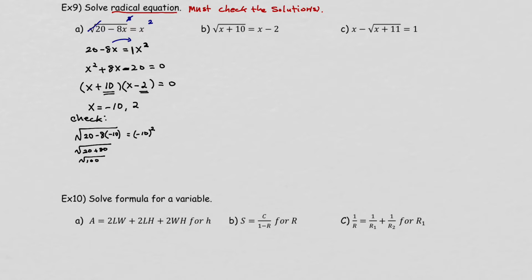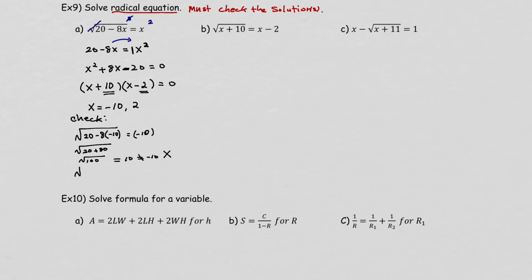Oh, that wasn't squared, right? Squared was something that I did to each side. So it will be just the square root of 100, which is 10, not negative 10. So that's something you cannot have.